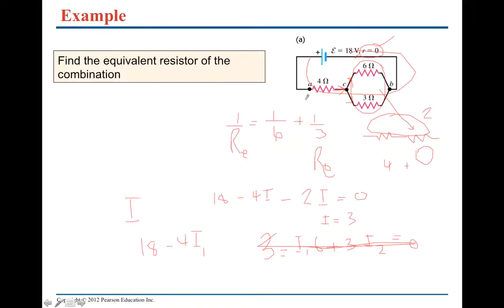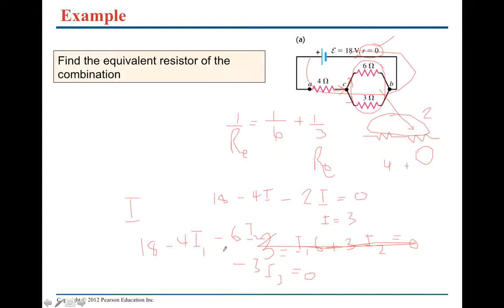I'm going to call this I1, this is I2, and this is I3. So minus 6 I2 minus 3 I3 is equal to 0.